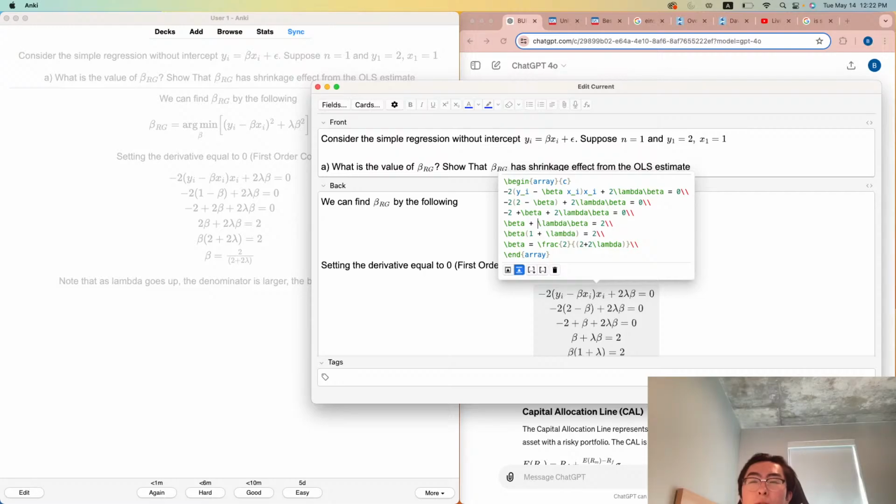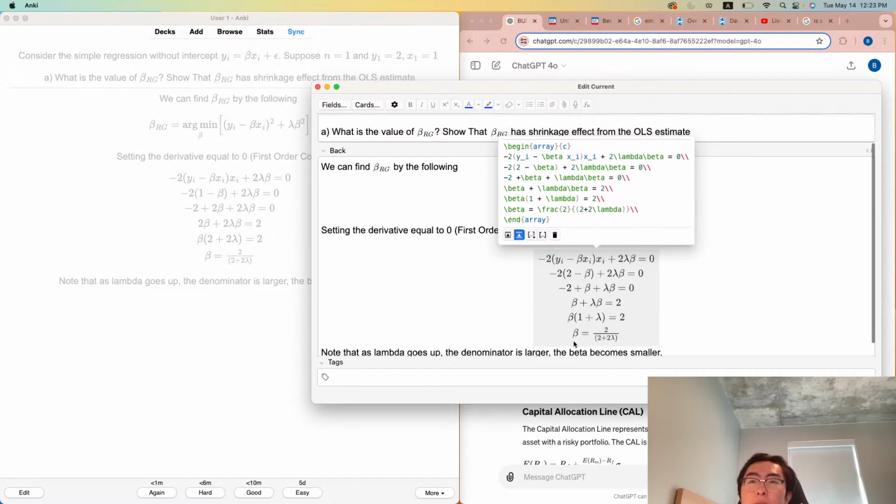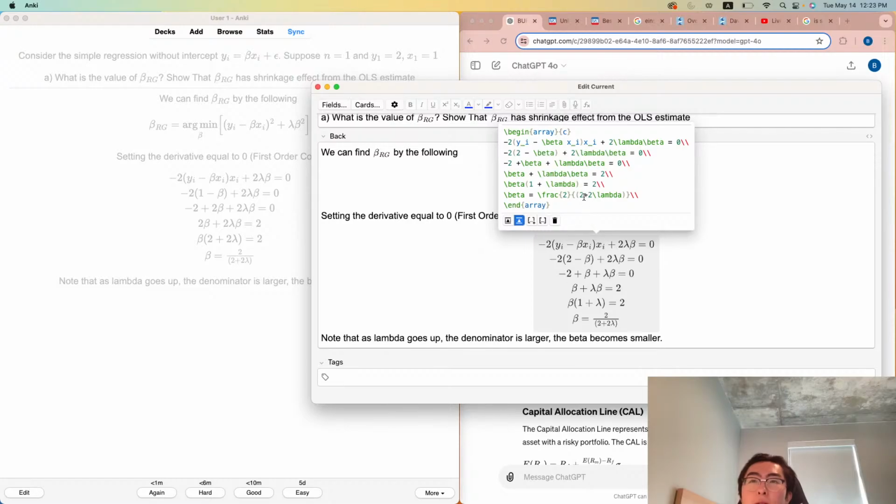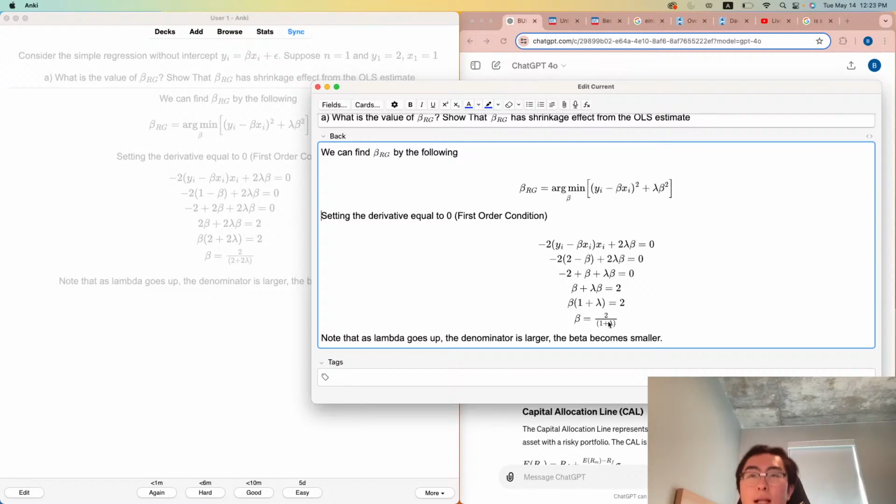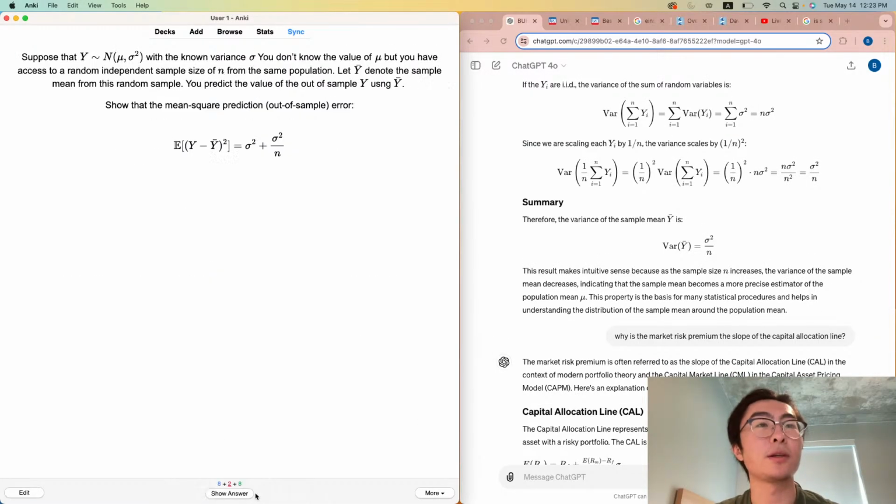We don't need this one either. Right? We just divide by 2 both terms. Okay. Alright. Let's go. Alright. So I think that's pretty good.